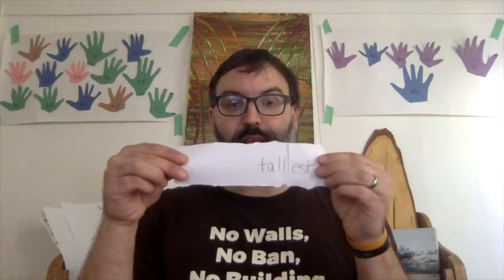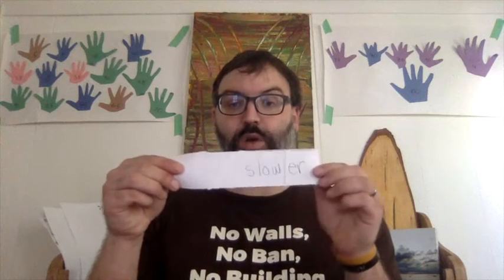So that was fast. Also, we have tall, taller, and tallest. Don't forget, taller is more tall. Tallest is the most tall. Who's the most tall in your family? We've got slow and slower, or slow and slowest.